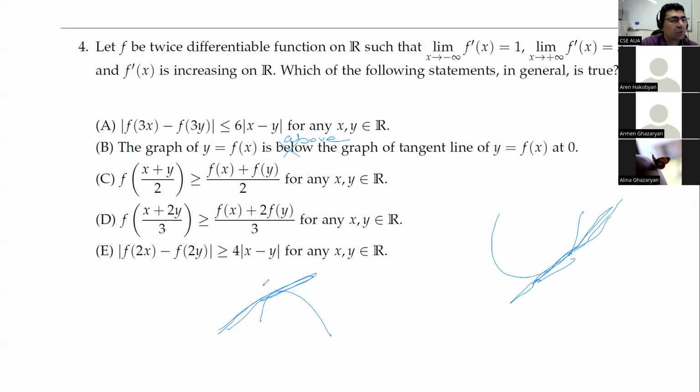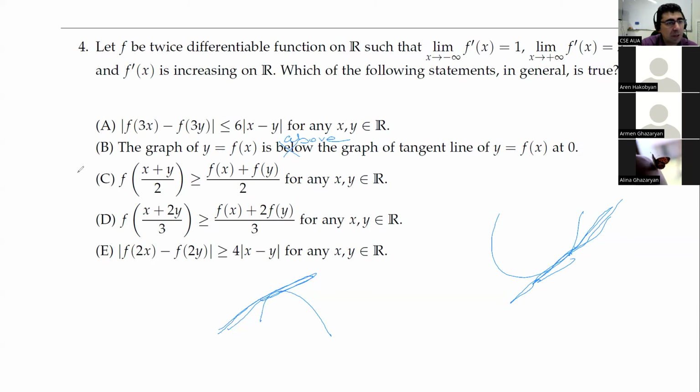Can I ask a question? Sure. For A, if the derivative is in the open interval from 1 to 2, can we say it is smaller or equal?